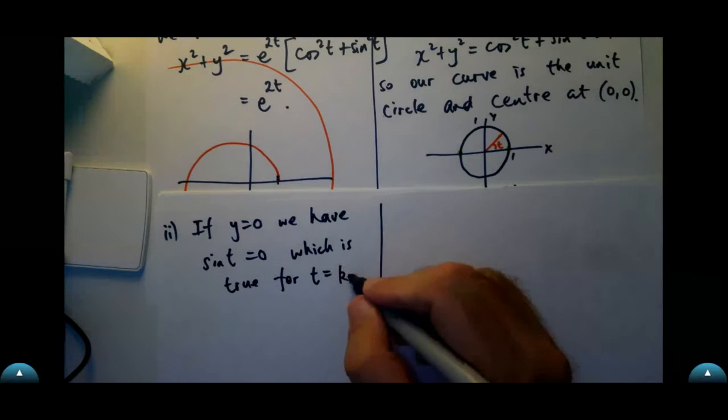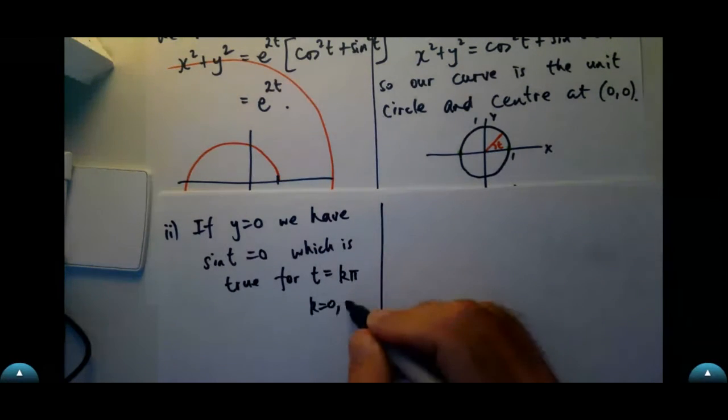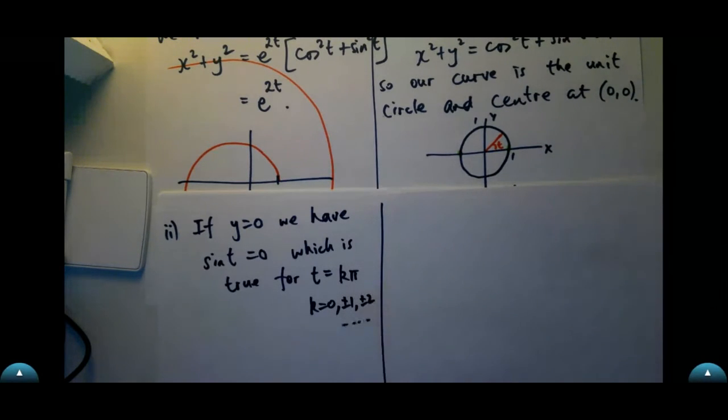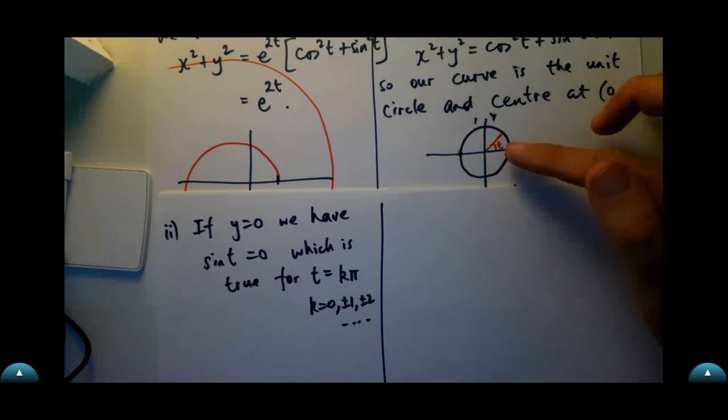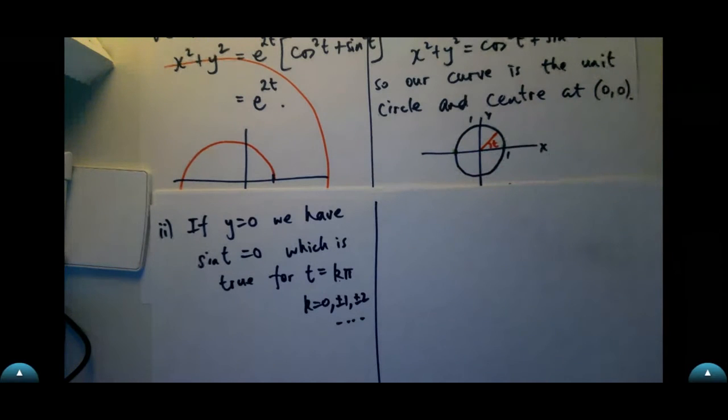So it's true for this. Okay, so the 2 points are 1, 0 and -1, 0.